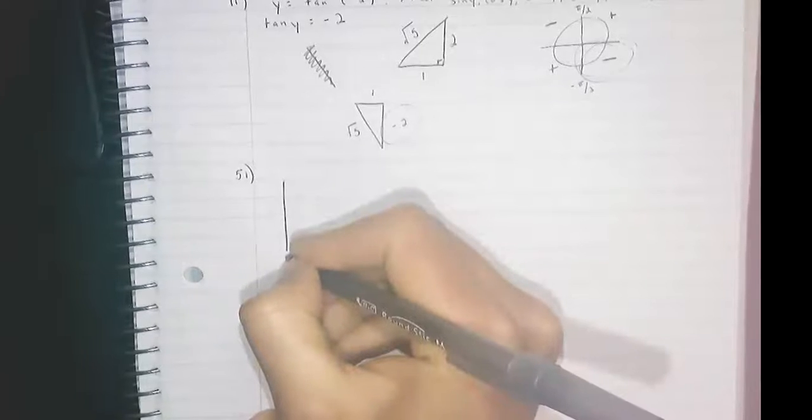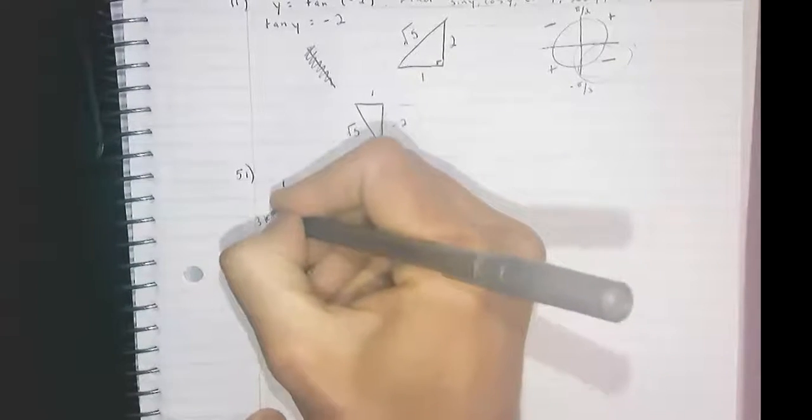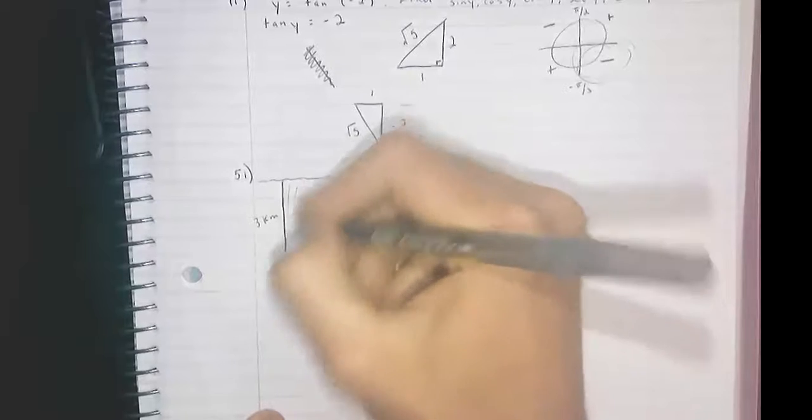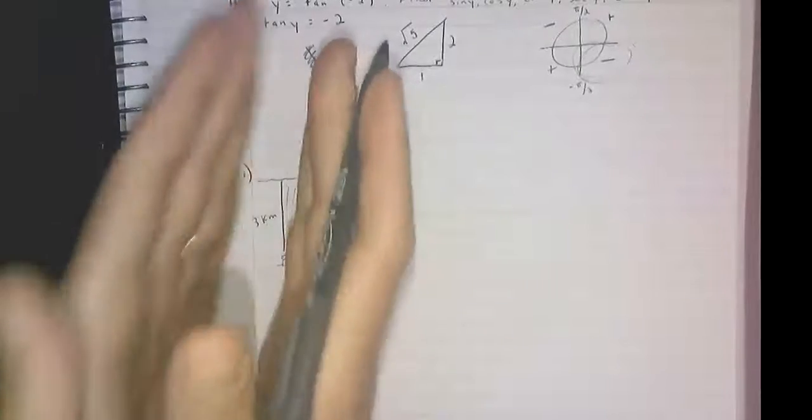We've got our little light buoy here. And this is 3 kilometers from the shore, straight on. And there's the shore. And this thing is giving off beams of light, but it's just got one beam and it rotates around.